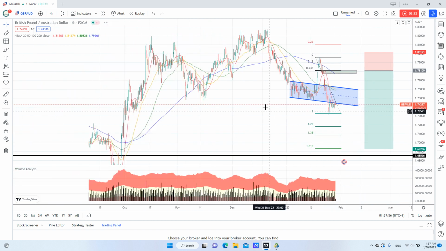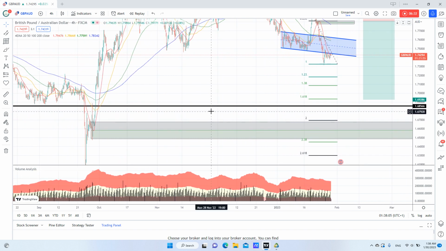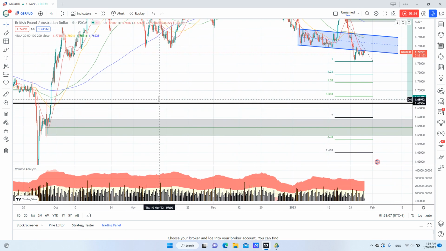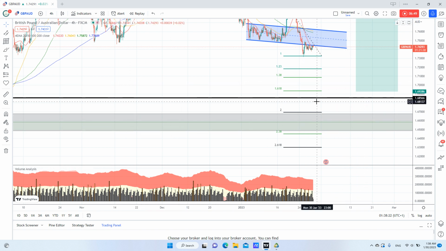I will exit here. You can hold it maybe more to these levels, but I will exit here at the 1.61, and I will try to find a possible entry for buying, maybe here at these levels. So I may leave a small part in case the trade goes to these levels, which are the 2 and 2.38 extension levels, Fibonacci.